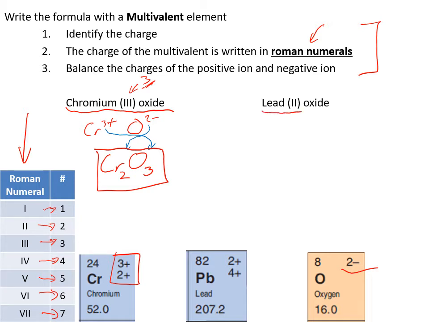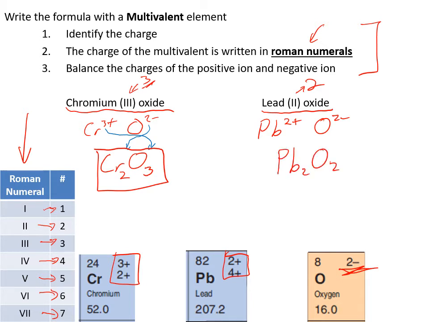Here's the next one right here. We have lead 2 oxide. So if we're wondering if it's 2 or if it's 4, well, it tells us. It says this is the number 2. So I'm going to write that one right down here. Pb2+, O2-, because we're still using oxygen. And we could use the swap and drop and it becomes Pb2O2.